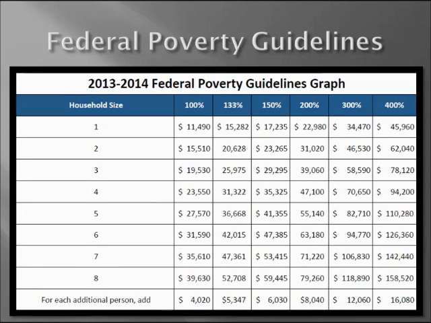Enrollees, based upon their income, either qualify for Medi-Cal at federal poverty level, subsidies at 200% to 400% of federal poverty level, or based upon income are not able to qualify for a subsidy. As you can see, there are various levels of income that qualify based upon the number of individuals in your household.